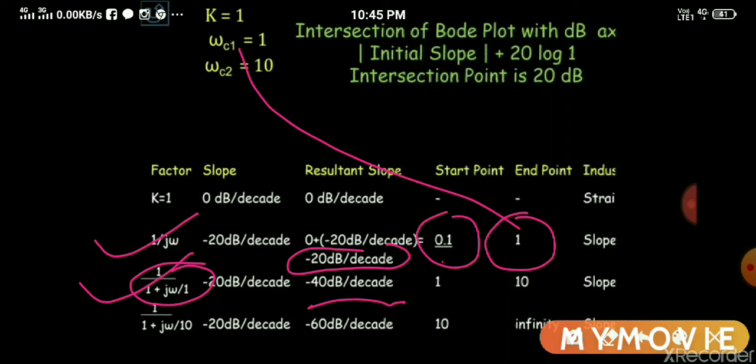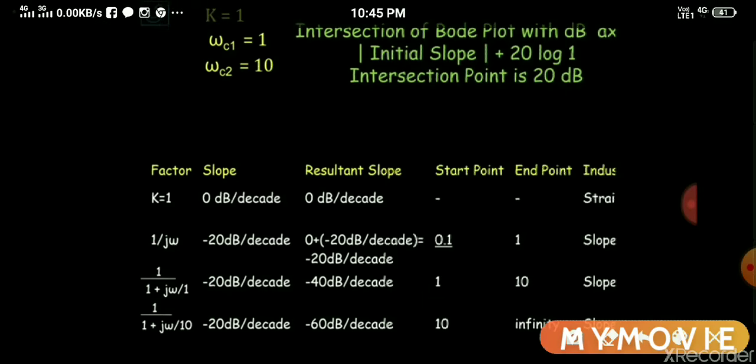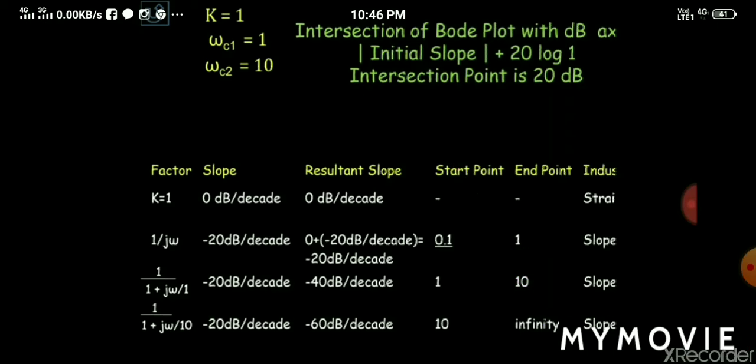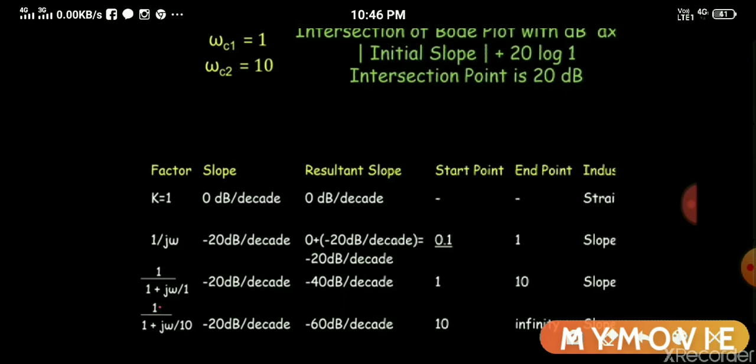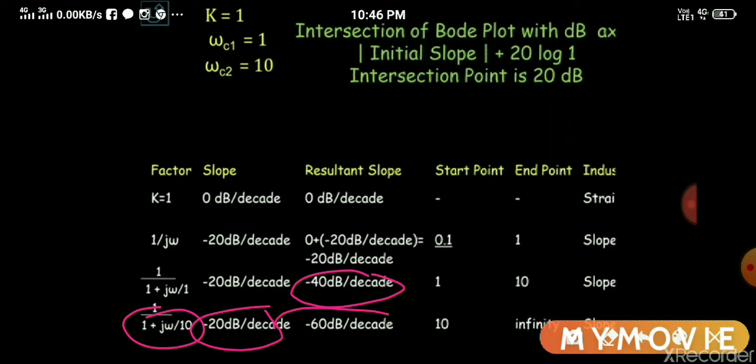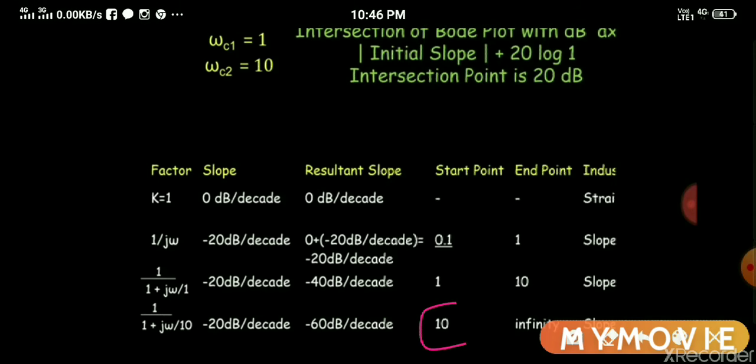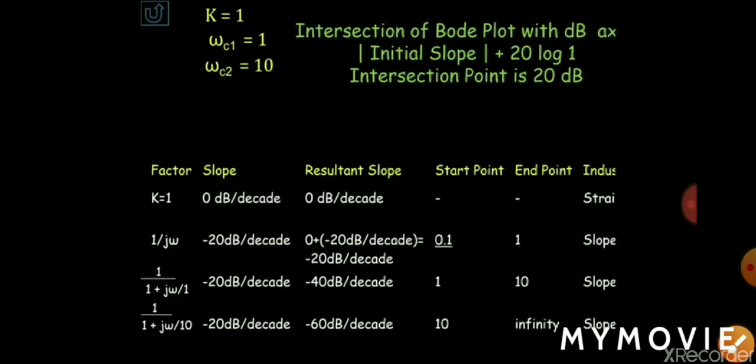Previously we had 0 dB, plus minus 20 for this pole. Initially always take 0.1, because you are using a semilog sheet, where the first line is taken as 0.1. So 0.1 is the starting point, then the end point is omega c1.